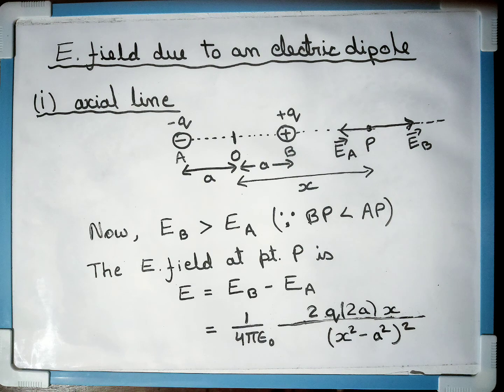Then we bring Q inside the expression. So E is equal to 1 by 4 pi epsilon naught into Q 2ax divided by (x square minus a square) whole square.